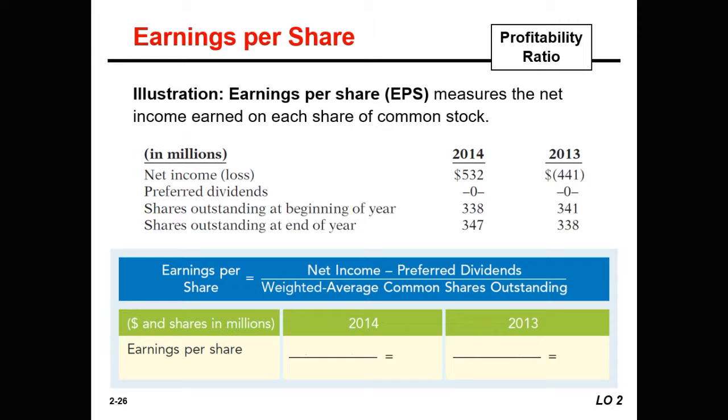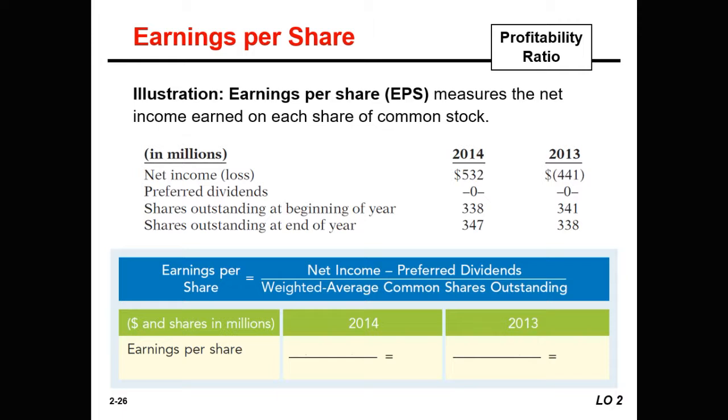So let's do the calculations here for EPS, or earnings per share, for 2014 and 2013. So we take our net income less our preferred dividends. If net income is $532 and we have $0 in preferred dividends, then we start with $532.